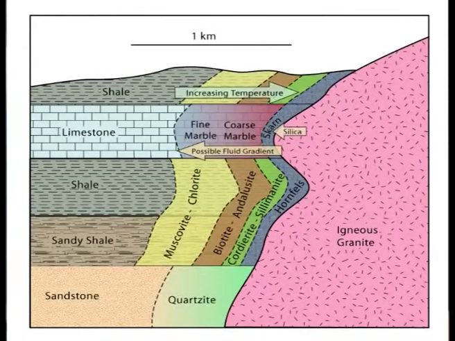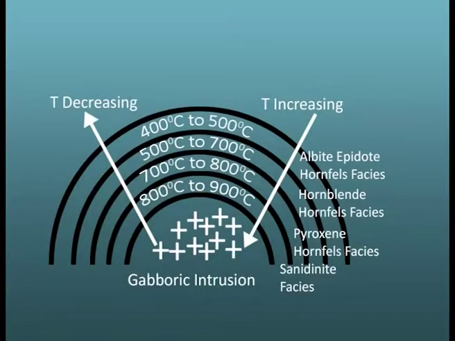General chemographic phase relation. The albite epidote Hornfels facies was proposed to cover mineral assemblages as they begin to form in the outermost fringe of the contact aureoles. See the figure on the screen where we can observe the contact aureoles, and we can see the different zones present around the intrusive body.